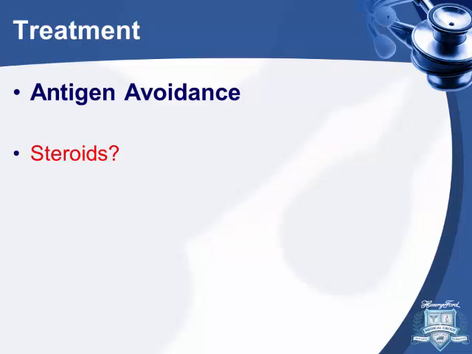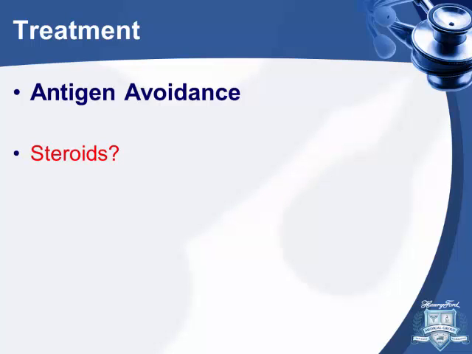So treatment. This is my only slide on treatment. Antigen avoidance is, I guess, what you can do. There are some cases that will improve, of course, and not progress if they're not exposed to the antigen. Some people who have been significantly exposed can still progress even after antigen withdrawal or avoidance, so that's something to keep in mind.